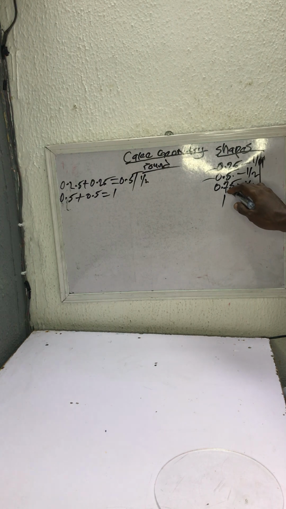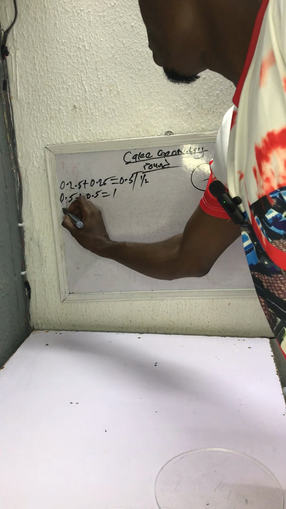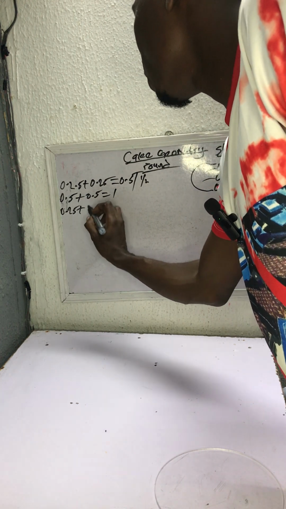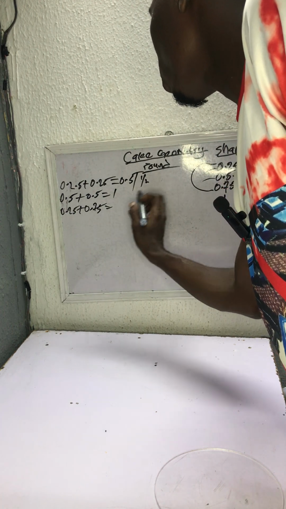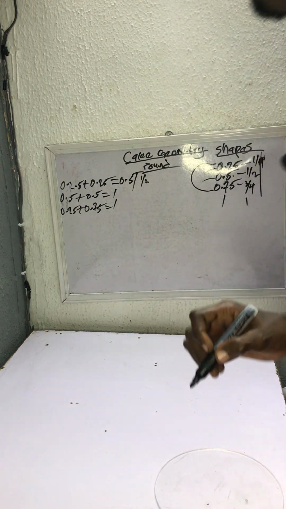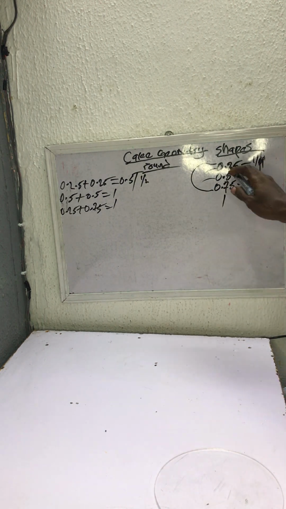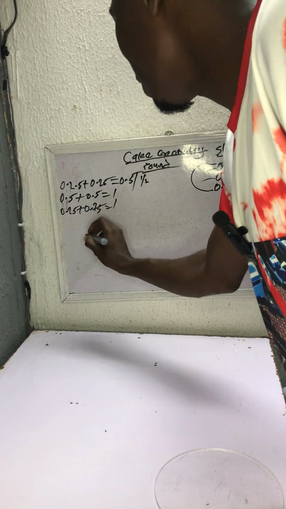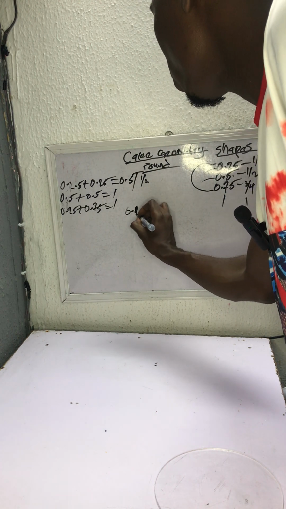Now we pick this guy and this guy, the both of them, let's pick them together. 0.25 plus 0.75 is equal to 1. What I'm trying to explain to you here is that whenever you pick among these numbers, you pick 0.25.